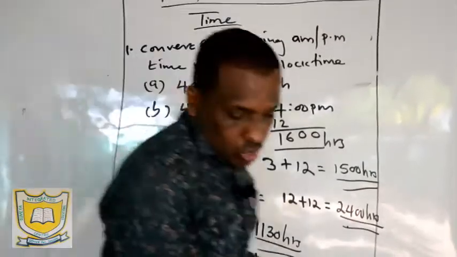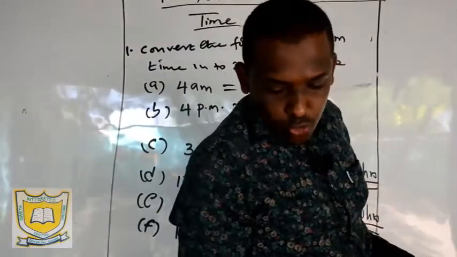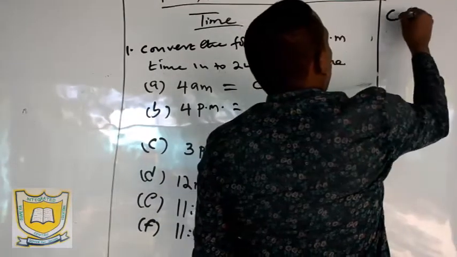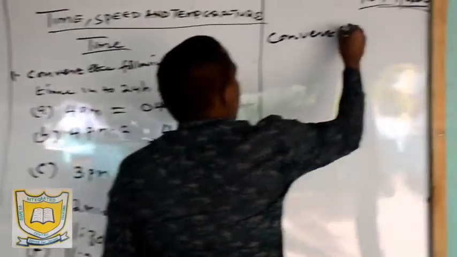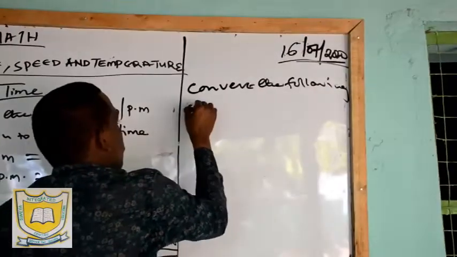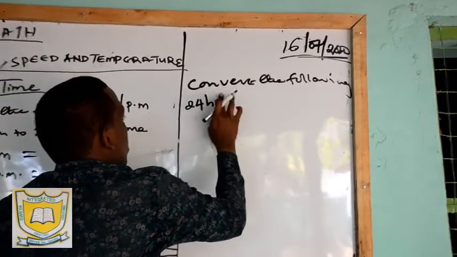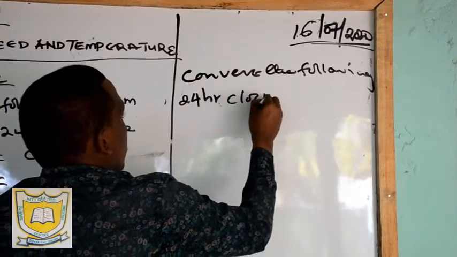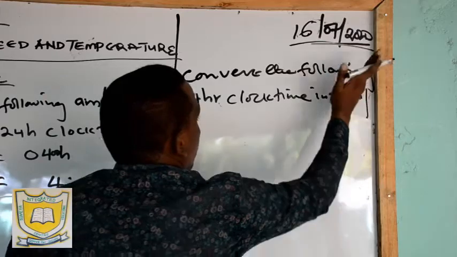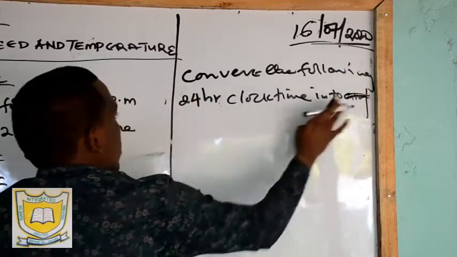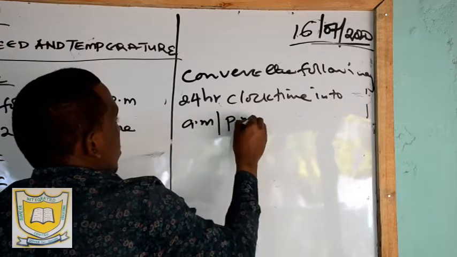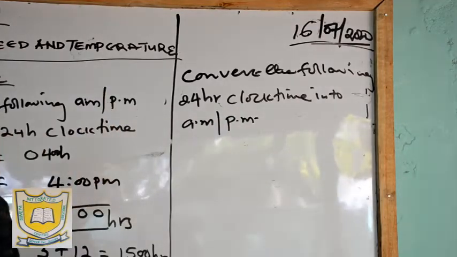So there's also another question here. You are told to convert the following 24-hour clock time into AM or PM.